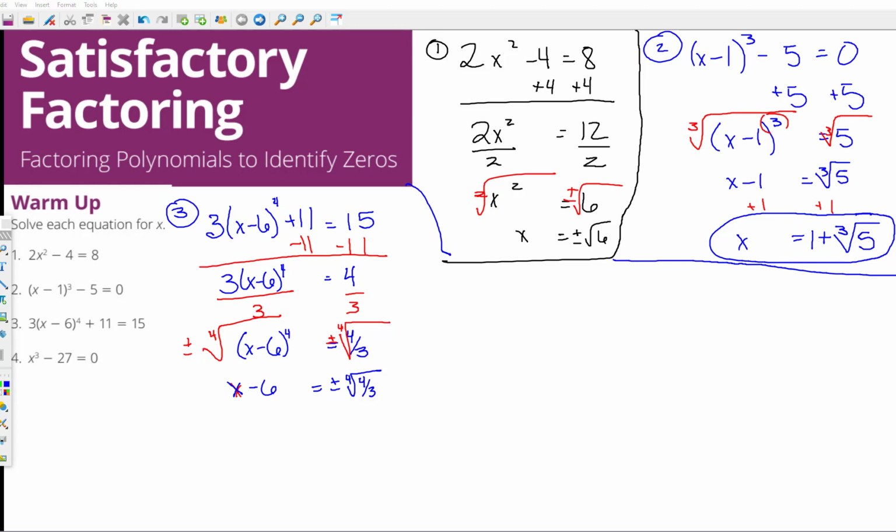What's the next thing that we're going to do? The reason we're not going any further is those roots are not things that we can actually find as a real number. There's not a number times itself 3 times that gives you 5. There's not a number times itself 4 times that gives you 4/3. So we're just leaving it there. And you have 6 plus or minus the 4th root of 4/3.